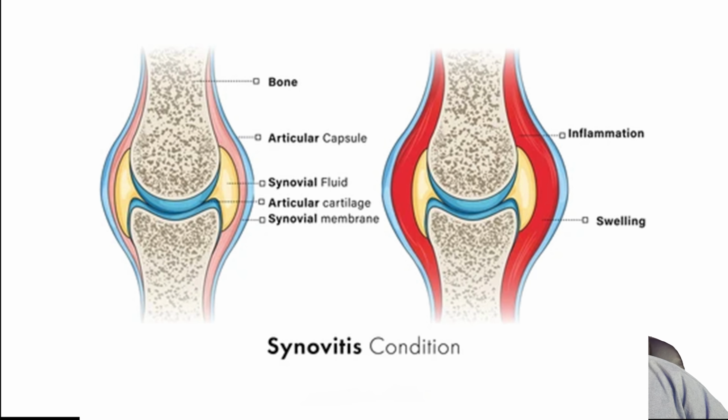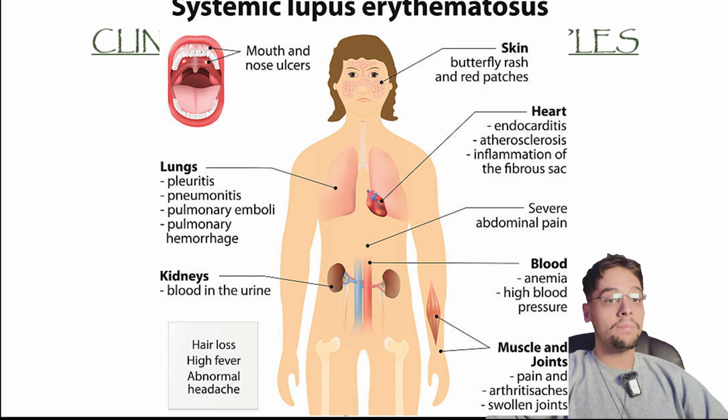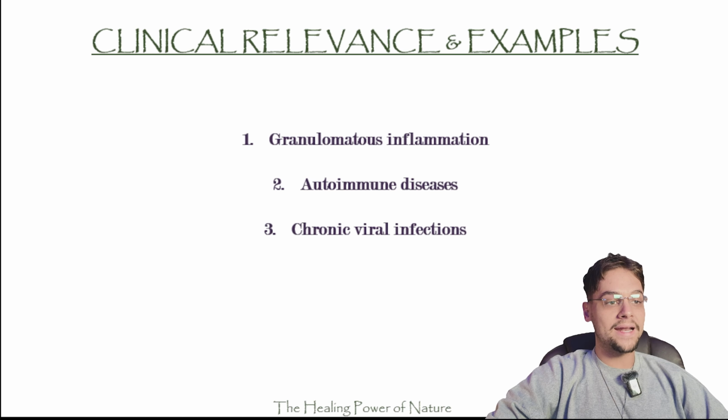Systemic lupus erythematosus or SLE is where immune complex deposition leads to chronic inflammation in multiple organs. Also, chronic viral infections like hepatitis B and C. Chronic liver inflammation leads to fibrosis and then cirrhosis. Also, foreign body reactions. For example, asbestos exposure leads to chronic inflammation of the pleura, then mesothelioma.